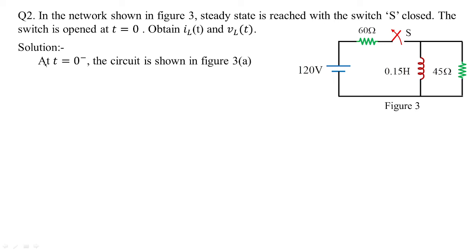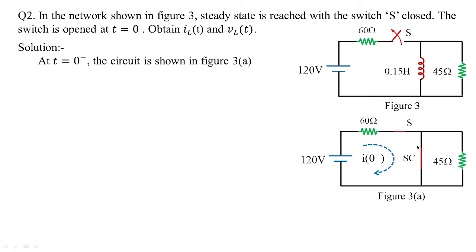We know that at t equal to 0 minus, the circuit can be changed to this, exactly like this. Since the inductor is there and the steady state condition is reached, the inductor behaves as a short circuit. When the inductor is short circuited, the 45 ohms is being shorted by the inductor. So in fact we have a closed circuit with 120 volts in series with 60 ohms.